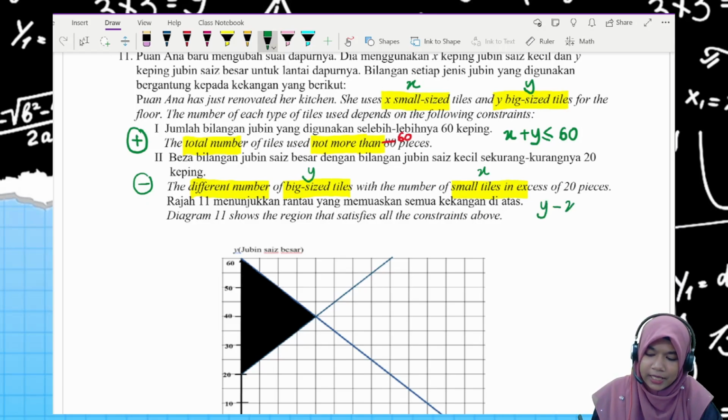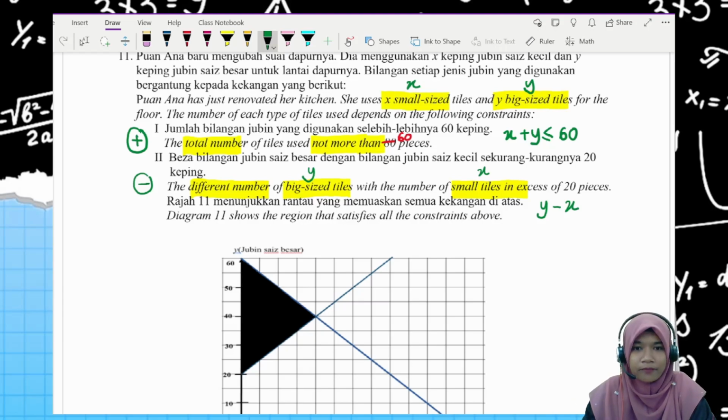So the operation now is Y minus X, not X minus Y, because the situation is the difference in the number of big size tiles with the number of small size tiles. So Y minus X, big minus small.